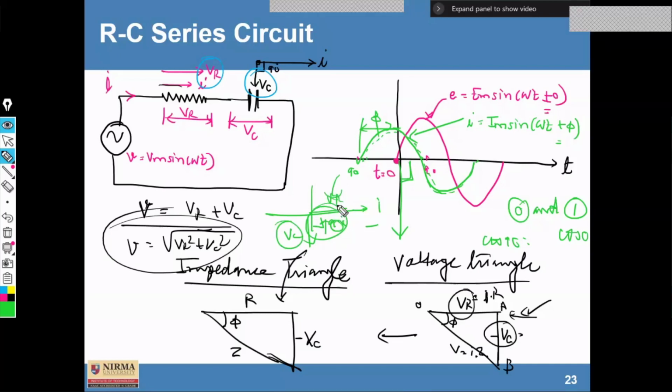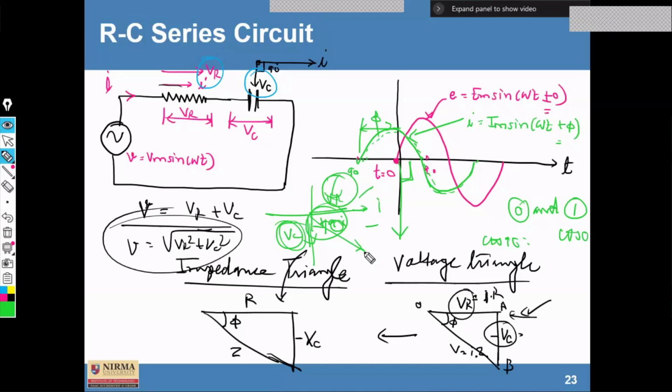And the combination of VR and VC is always an intermediate angle, because it will never be 0 in the case of a purely resistive circuit, and it will never be 0 in the case of a purely capacitive circuit. There is practically no existence of a purely inductive, purely capacitive or purely resistive circuit, and hence the power factor never reaches 1, but varies between 0 and 1.